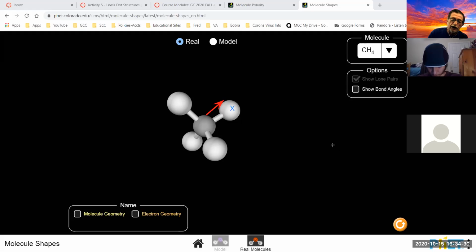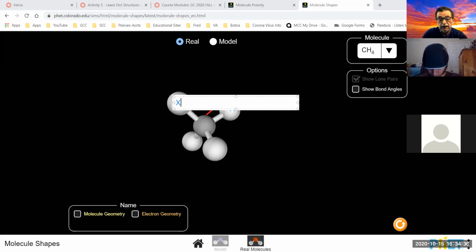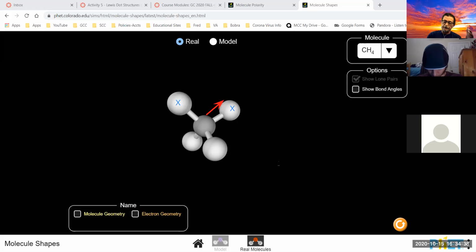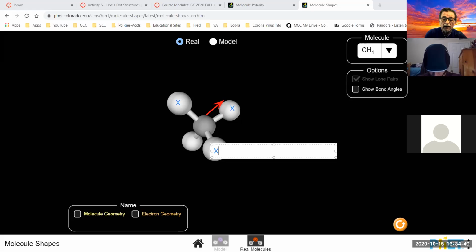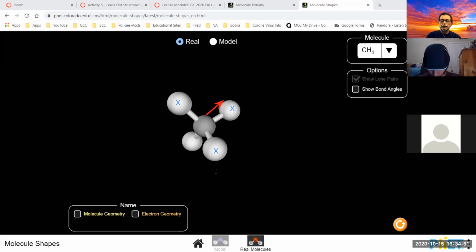And even if I change another one and make it an X, I still have two polar bonds and two nonpolar bonds. My net is a polar molecule. Then I do X again for the third one, and I have three polar bonds, so my net is still polar.